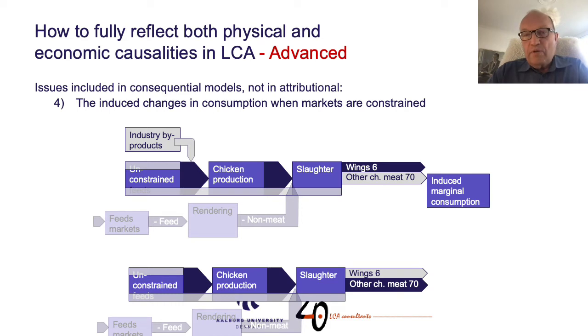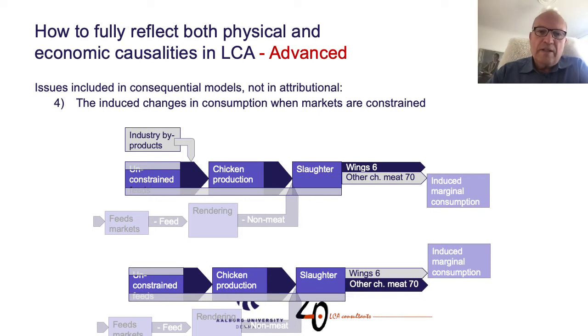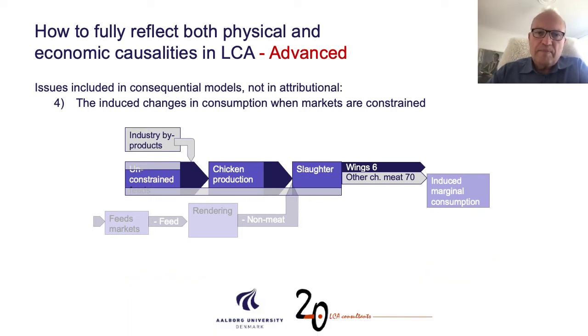We could, of course, also have looked at the demand for the other meats, which would have led to an induced marginal consumption of wings. Now that kind of marginal consumption changes are not included in attributional LCAs.